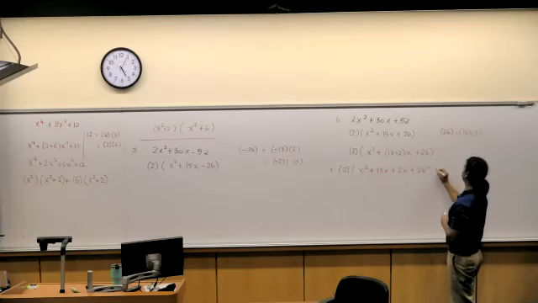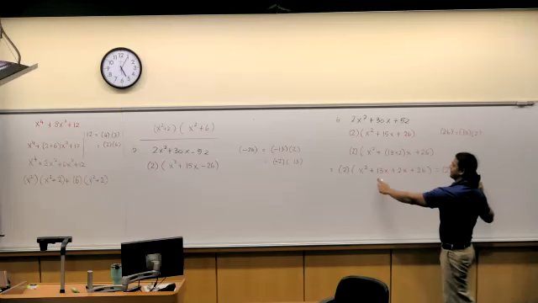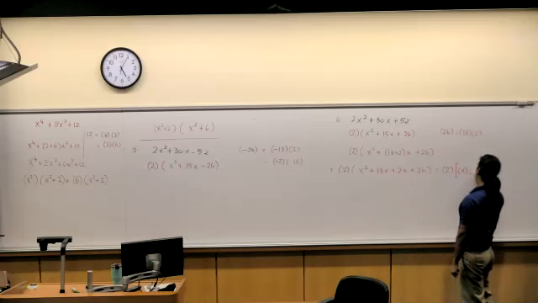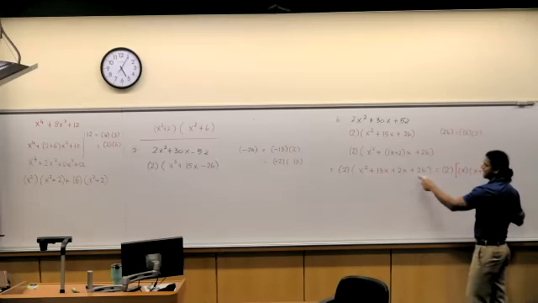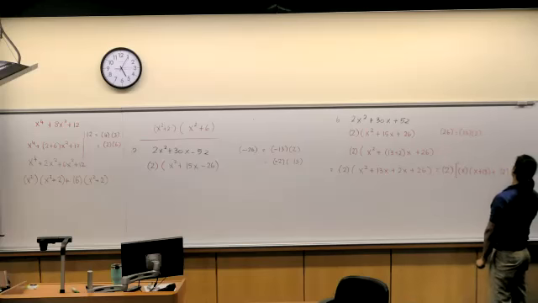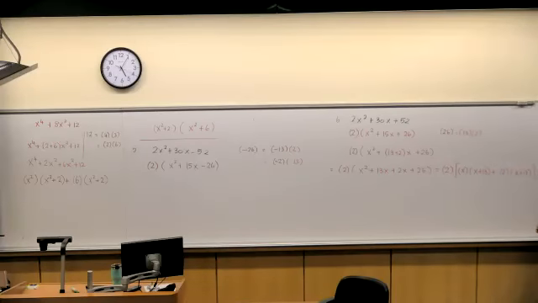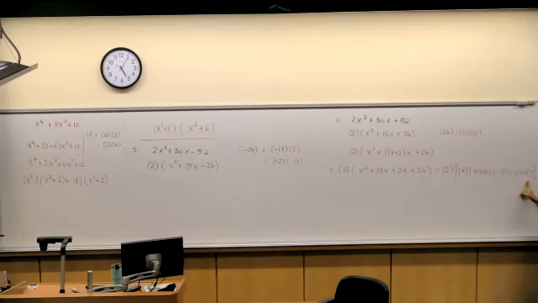X. So x. If I take x out of the first 2 terms, I would have x plus 13. And what do I have in common between the last 2 terms? 2. So if I take 2 out, I would have x plus 13.